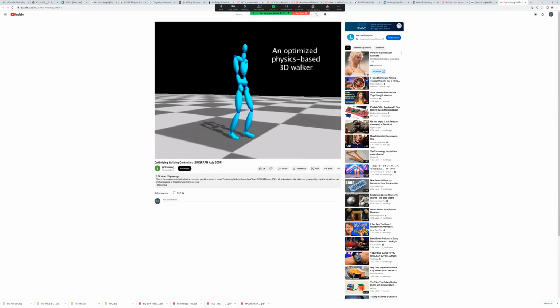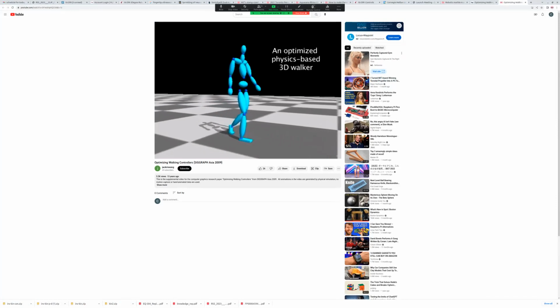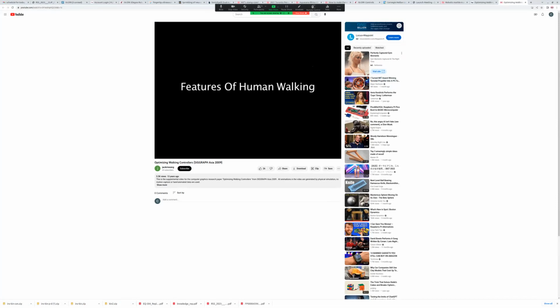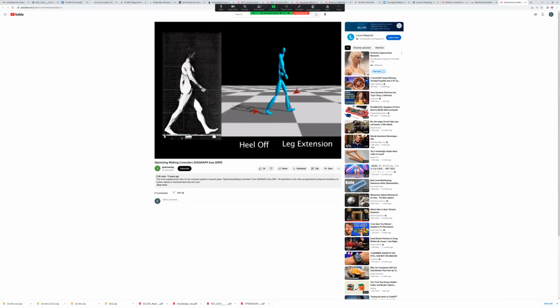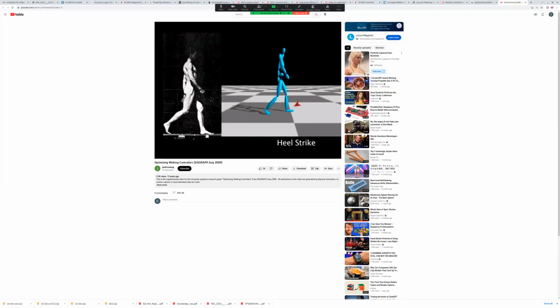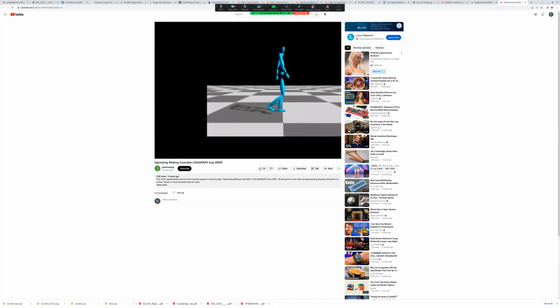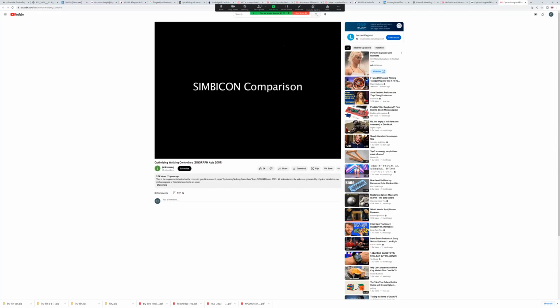Okay, so this is after optimization using pretty much the same techniques I've shown you so far. And then they're saying, well, how does human walking work? And the answer is your heel comes down and then you lift it off and your toes bend and you lift off your heel. So we want the simulation to do that.